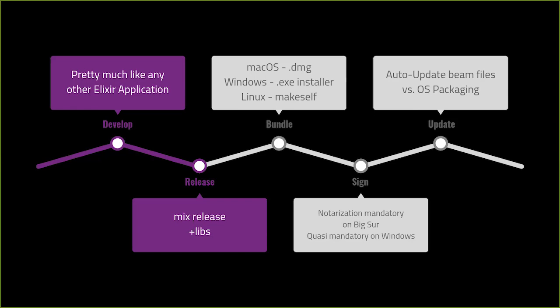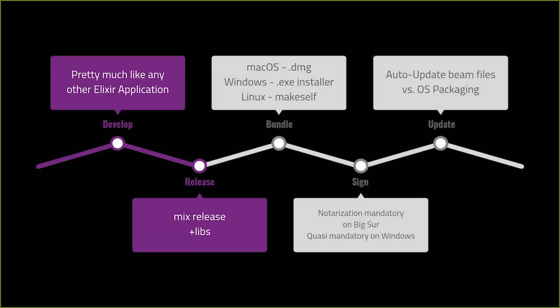And then there's this other part: what do you do once you have it installed on your users' desktop machines? How do you go from there? How do you update it? There's basically two paths. There's the path where you say, I know Erlang is based on .beam files, and Elixir as well, and I can just update them. I don't need to re-sign all the binaries, like the beam.smp file.